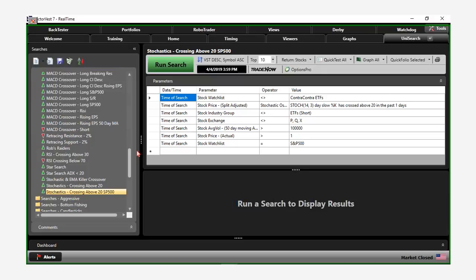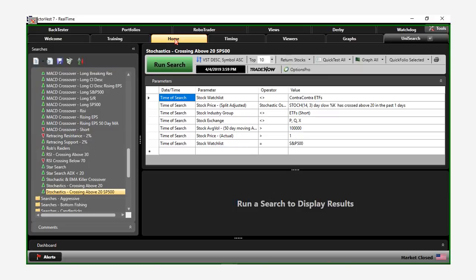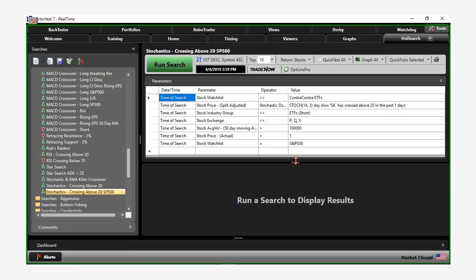I want to look for, we track, by the way, in the VectorVest tool, almost 8,000 stocks, but I don't want to look at all 8,000 stocks. I only want to look at the S&P 500, okay? And I want to look for all stocks in the S&P 500 that today have had a stochastics crossing from below 20 to above 20. And again, I'm using the 14.3 slow stochastics, has crossed above 20 in the past day, essentially finding the crossover today.